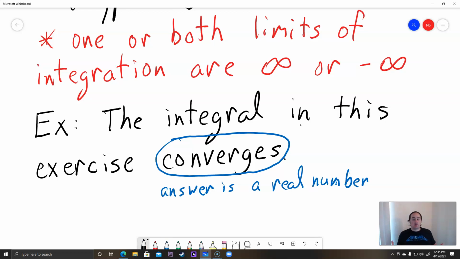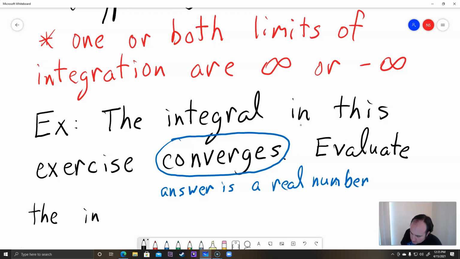Let me read the rest of the directions. The rest of the directions say evaluate the integral without using a table.